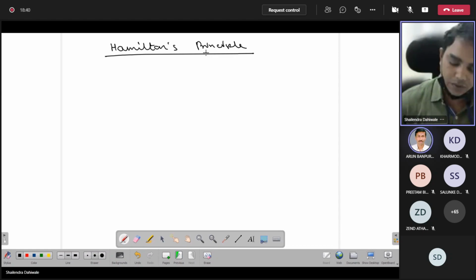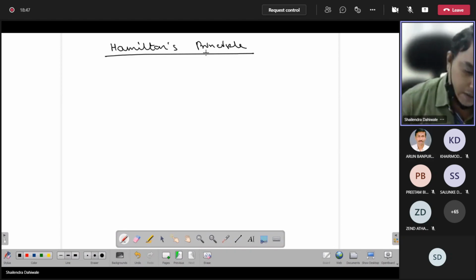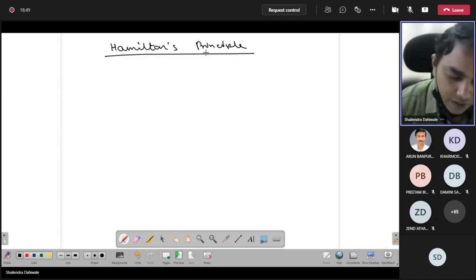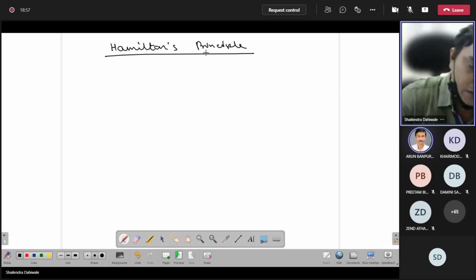I also told you a little bit about configurational space. As I said, this configurational space need not have any necessary direct resemblance with your real life space, or real space.